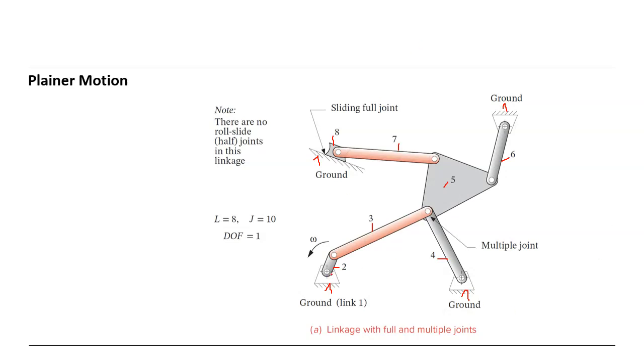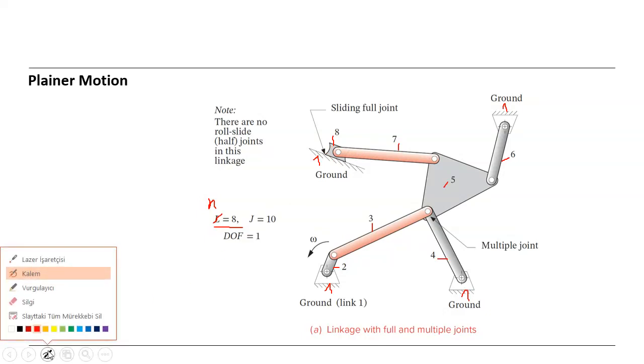Okay, so we have seen that we have 8 members, that means n is equal to 8. All the joints are 1 degree of freedom, that means revolute or prismatic joints. Here we have a prismatic joint.